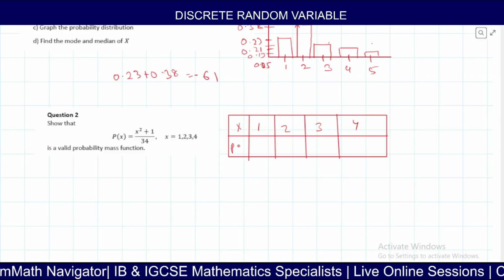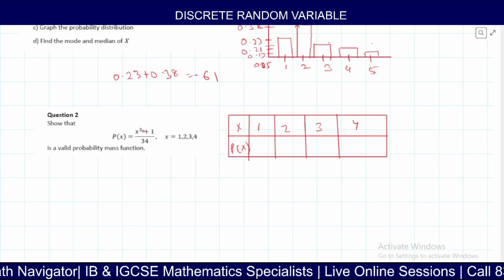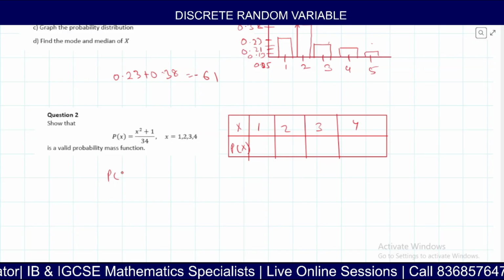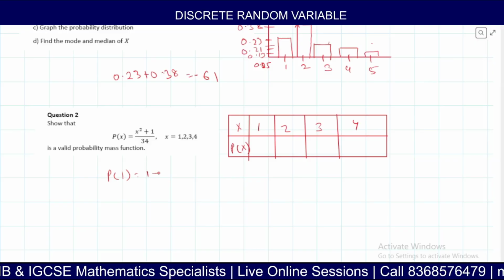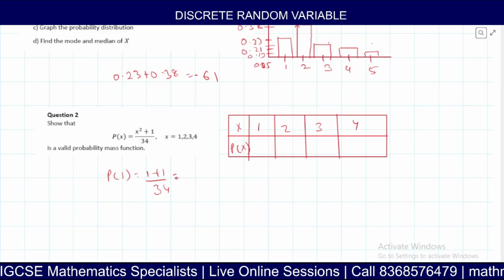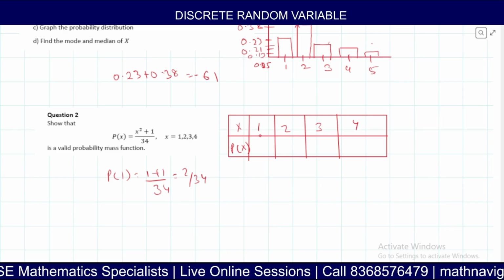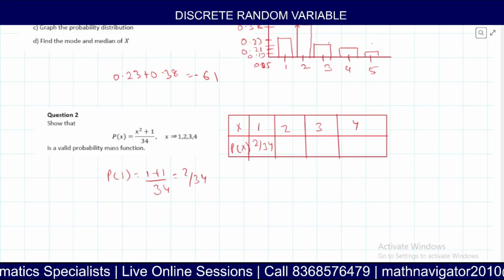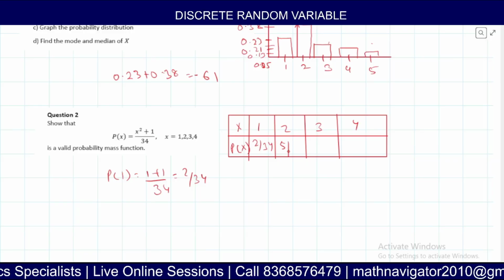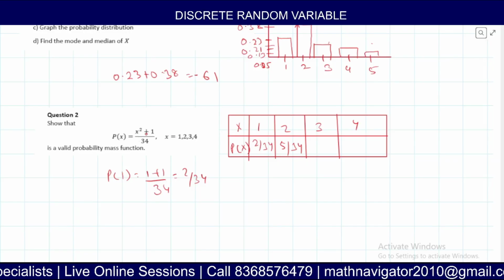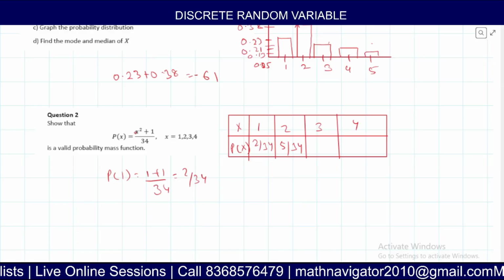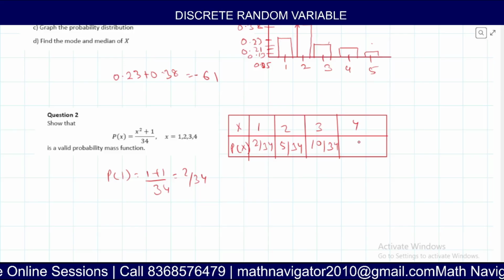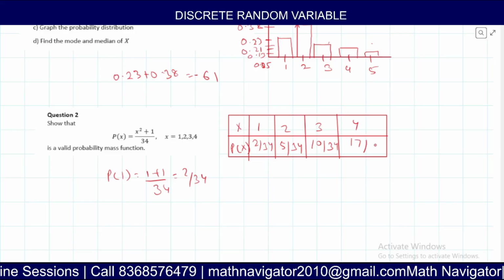So then probability of x, I have to put 1 here because the probability of x depends on x. So probability of 1 is equal to 1 plus 1 over 34. I'm not cutting it. I'll just write 2 by 34. So this is 2 by 34. This is 5 by 34. This is 10 by 34. And this is 17 by 34, right?